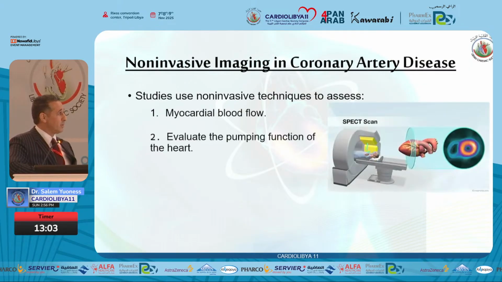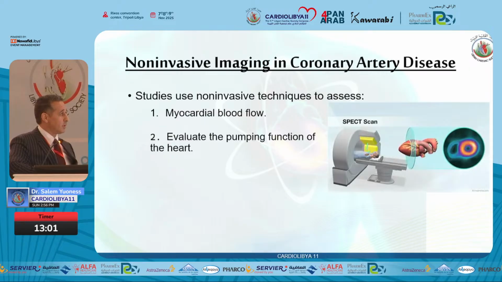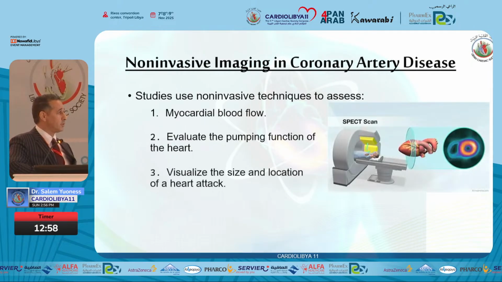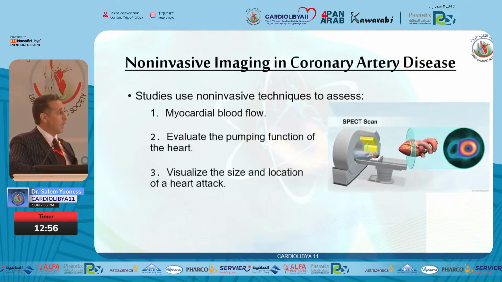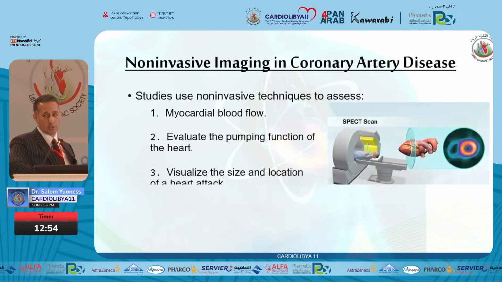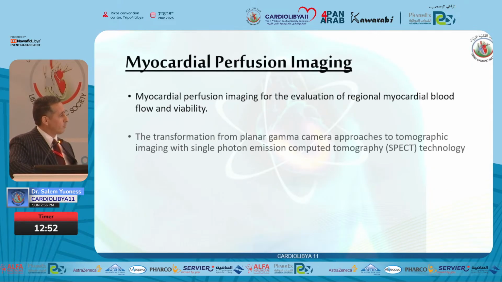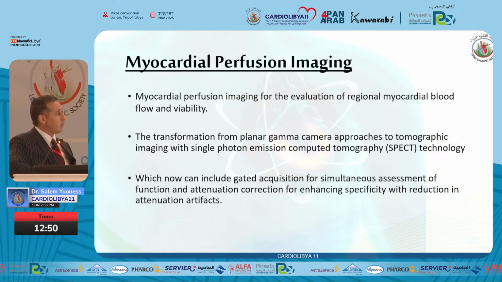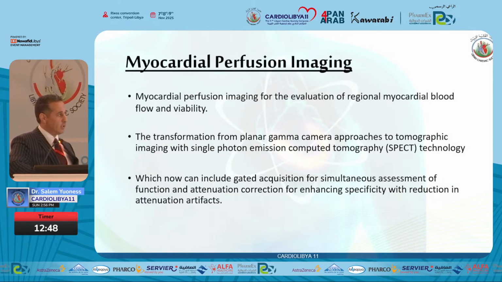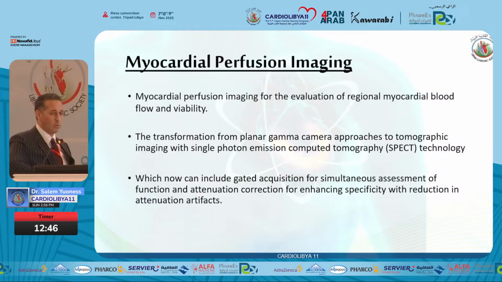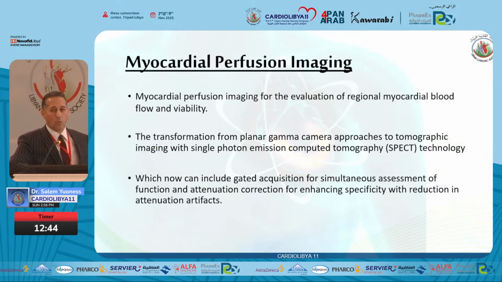With the non-invasive test, you can measure the myocardial flow, evaluate the pumping function of the heart, and visualize the site and location of heart attacks. Myocardial perfusion imaging is usually used to evaluate regional myocardial blood flow and viability. We inject the tracers.